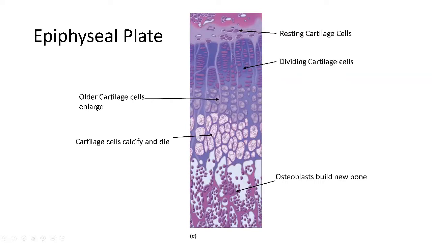So I have this art rendering from your textbook that shows that this is the epiphyseal plate. Up at the top is where the epiphysis is, and down at the bottom is where the diaphysis is. The key to this is that throughout childhood, you have dividing cartilage cells.